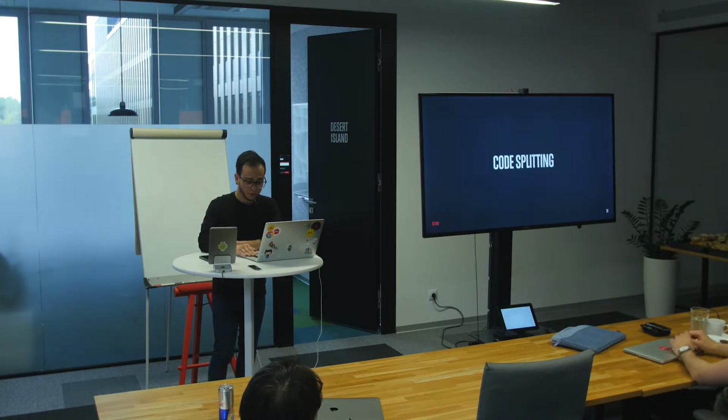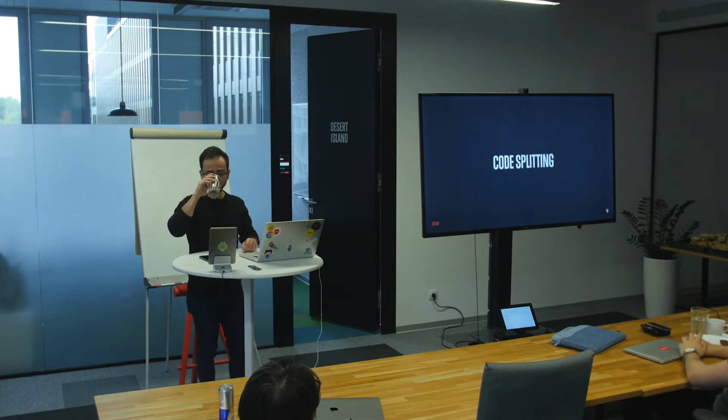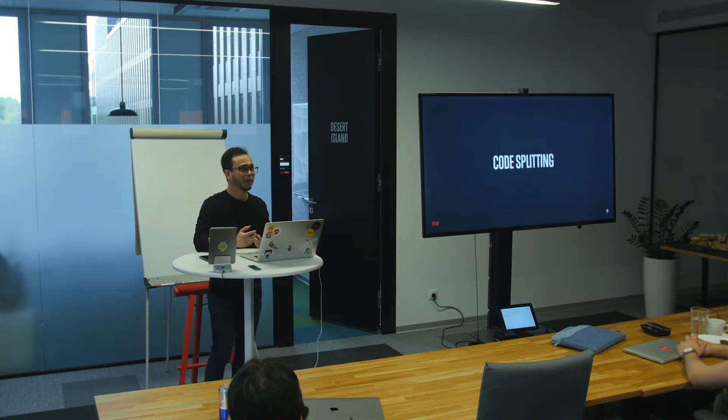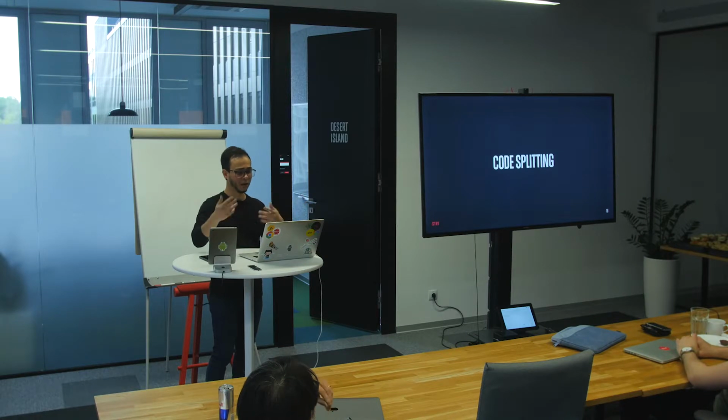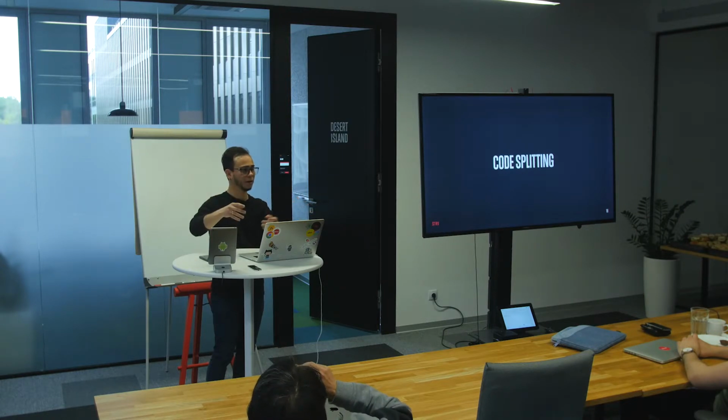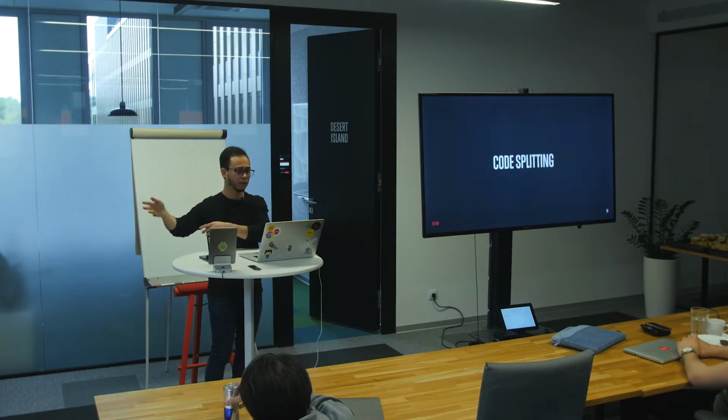So another important technique is called code splitting. It's pretty much taking parts of your application that you know are not going to be used right away, and splitting them in a way that makes sense. The easiest way is to split by routes. So the products page code should be one file of JavaScript. The account page should be another file.